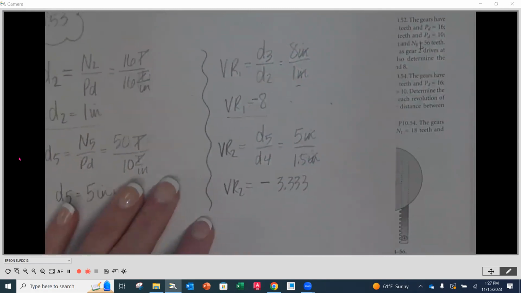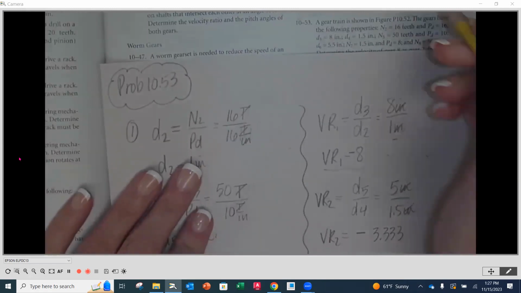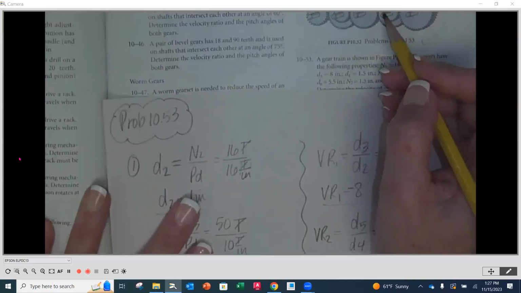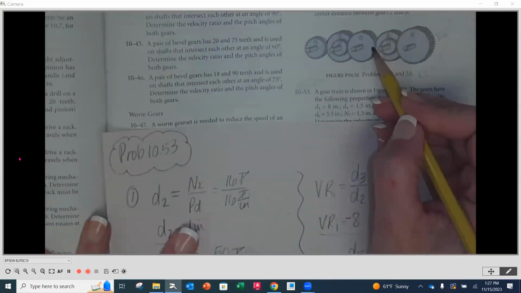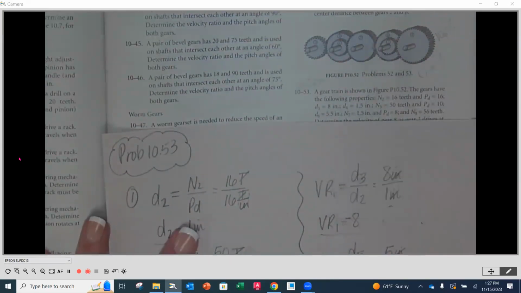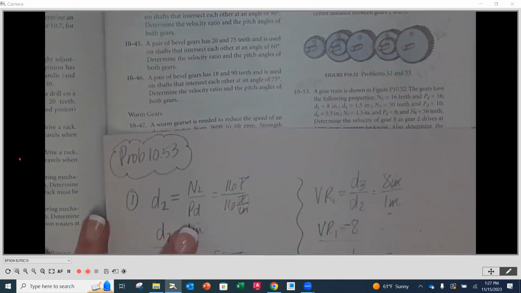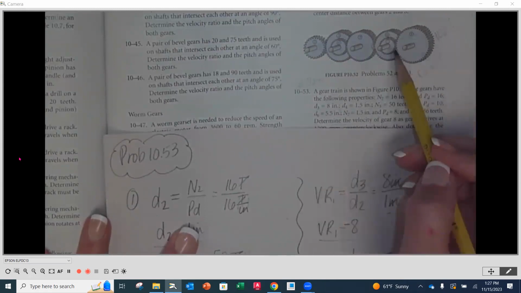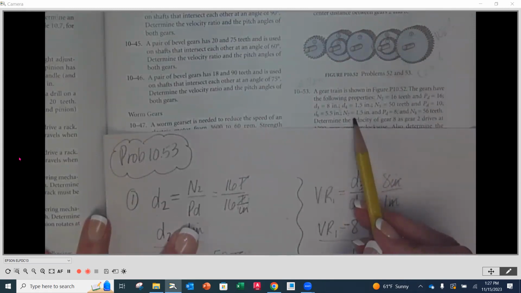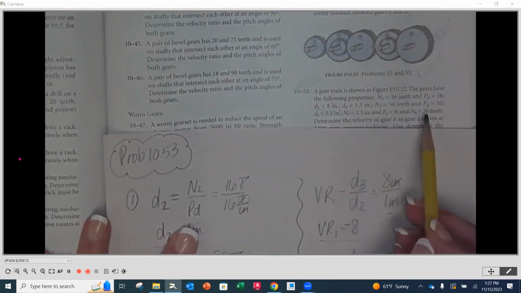All right, now we need to do between 5 and 6. Here's another point of engagement. Between 5 and 6, we know 5's pitch diameter, and we know 6's pitch diameter. It's given to us, so we don't have to calculate that one. Then we've got between 7 and 8. For number 7, we have a pitch diameter and diametral pitch. For number 8, we have the number of teeth with the same diametral pitch as number 7.